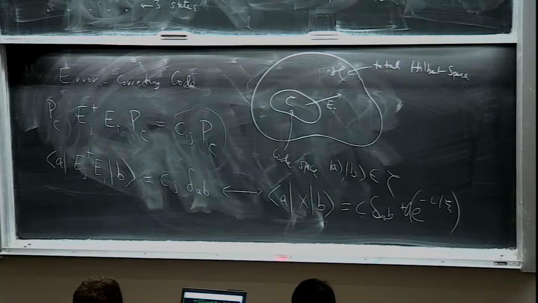Okay, got it. So this suggests the following ways of encoding quantum information in, let's do Ising anyons first.